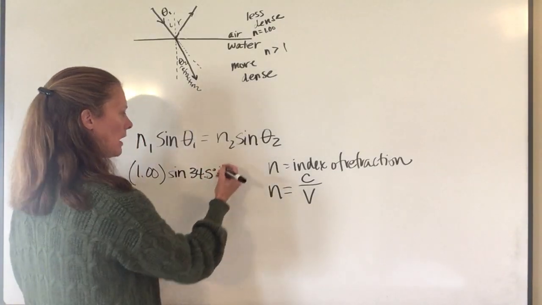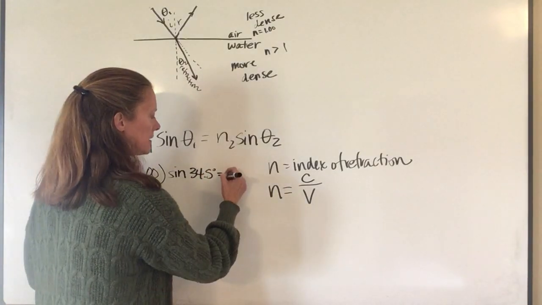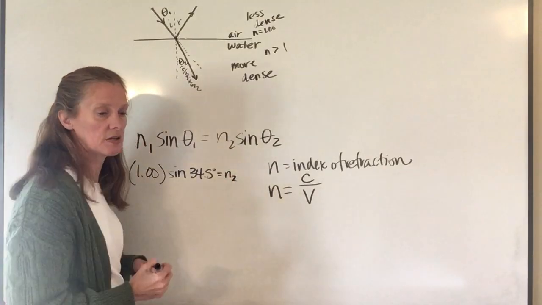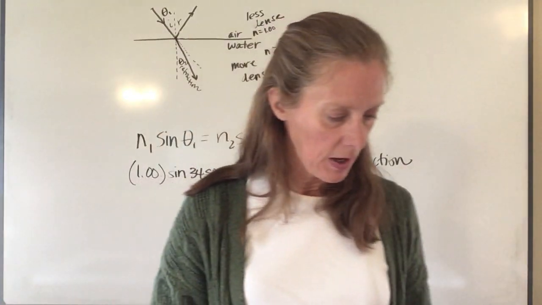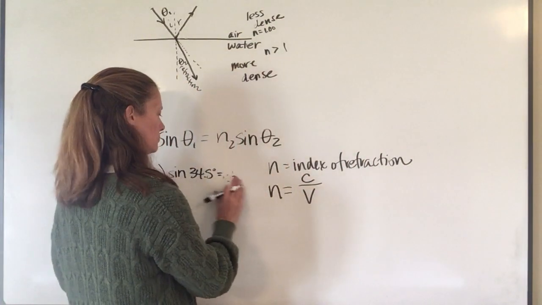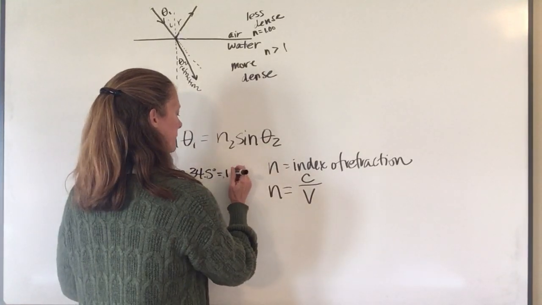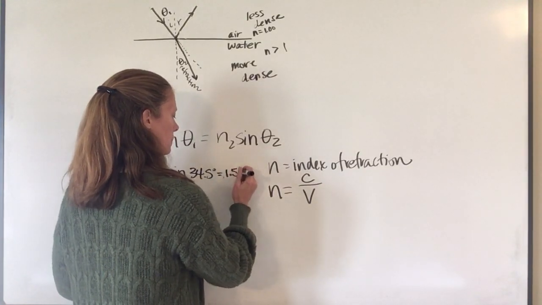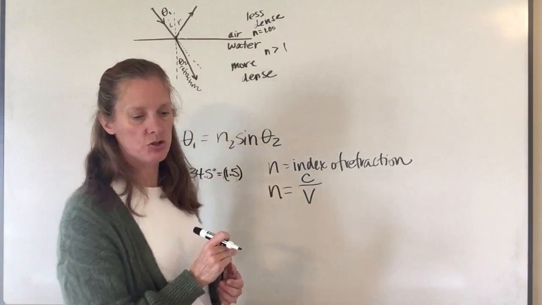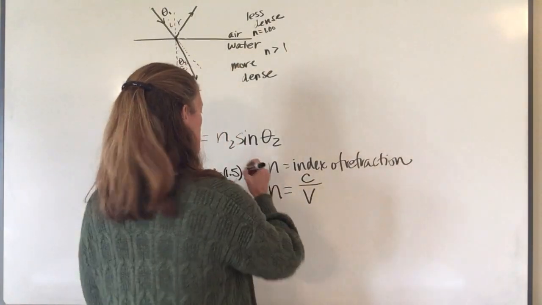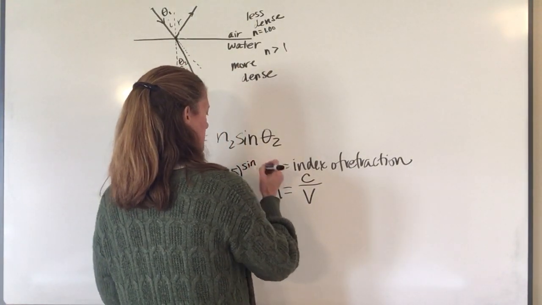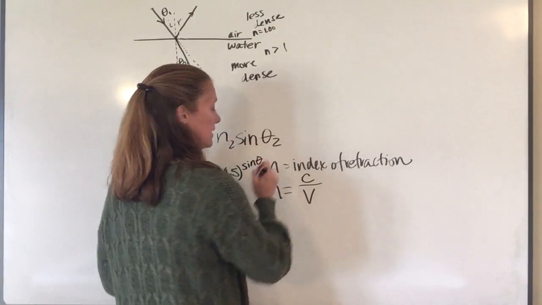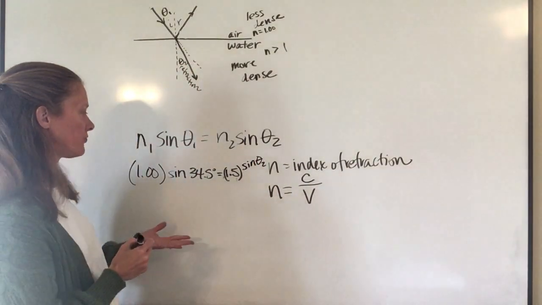And then that's going to be n sub 2, which is the index of refraction of the glass, which they told us was 1.5. And then they wanted to know what the angle of refraction is. So that's going to be sine of theta 2, which is what I'm actually trying to figure out.